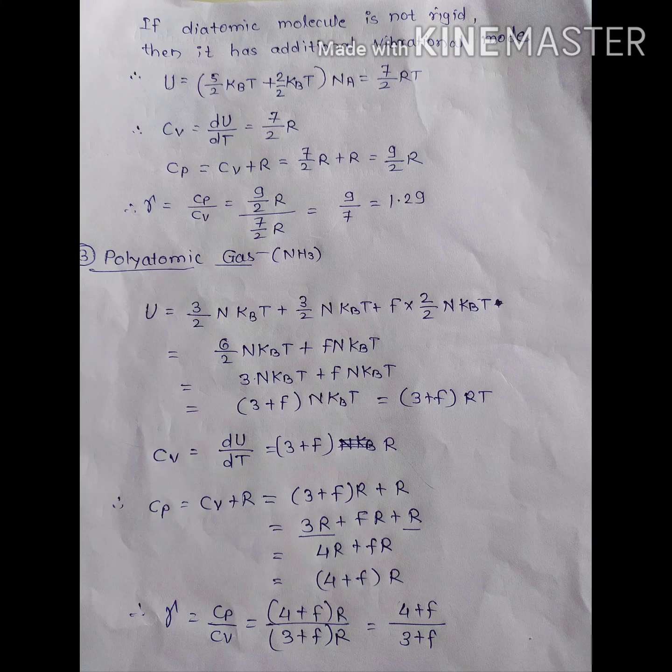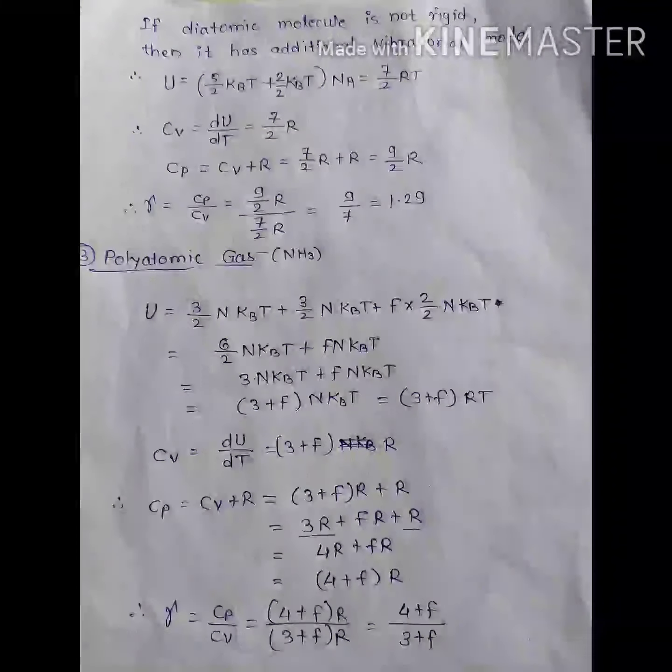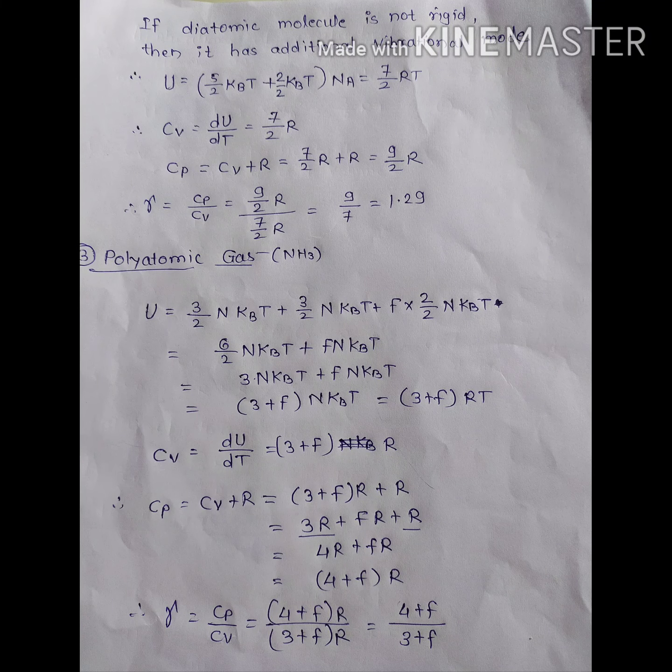According to the law of equipartition of energy, 1 mole of gas has internal energy U = 3/2 n kBT + 3/2 n kBT + f times 2/2 n kBT. Here f times 2/2 n kBT stands for the vibrational mode.